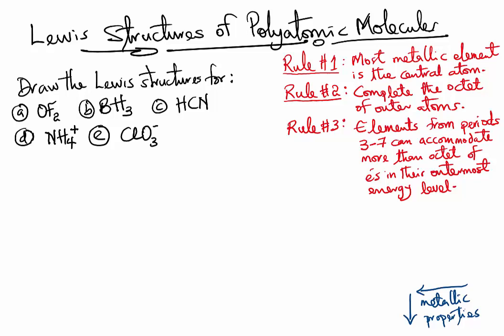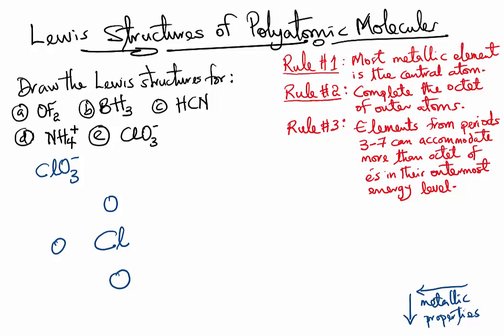In question E, we want to draw the Lewis structure for the chlorate ion, ClO3 with a charge of -1. Between chlorine and oxygen, chlorine is the more metallic element. So chlorine will be the central atom, surrounded by the 3 oxygen atoms.